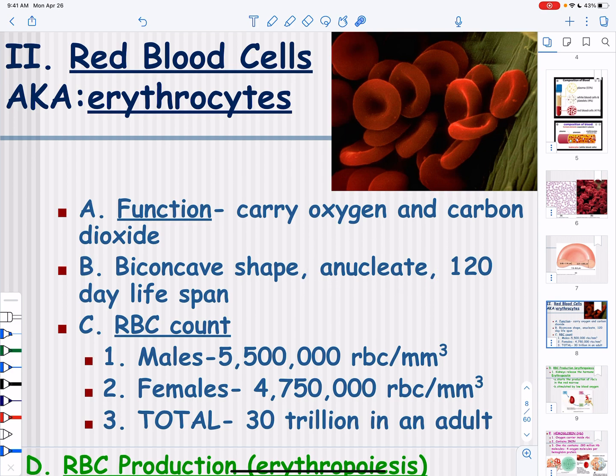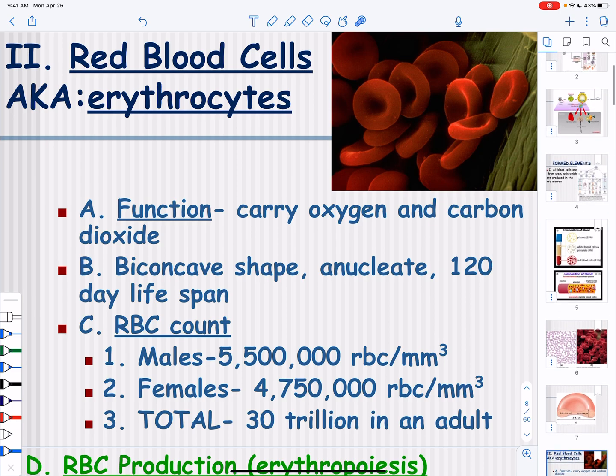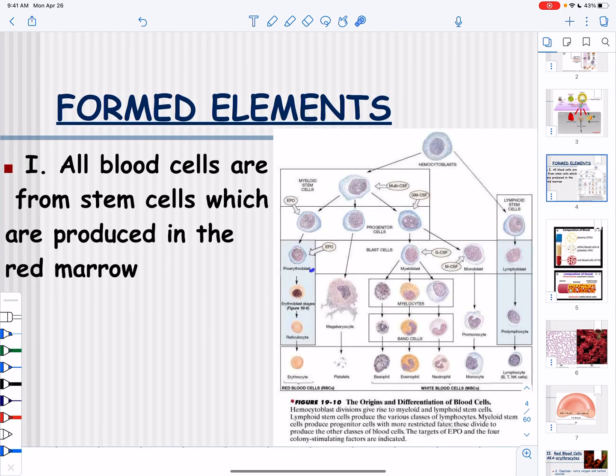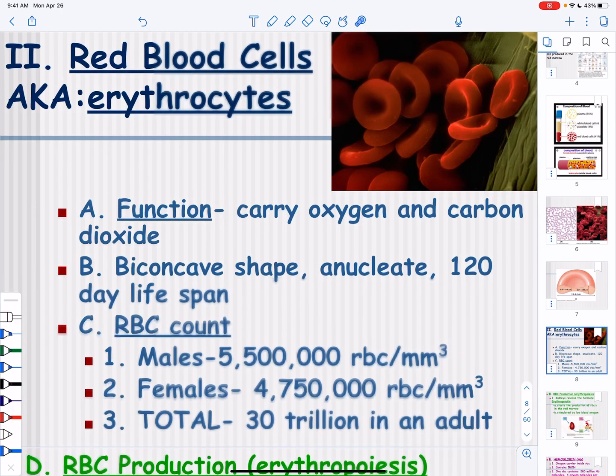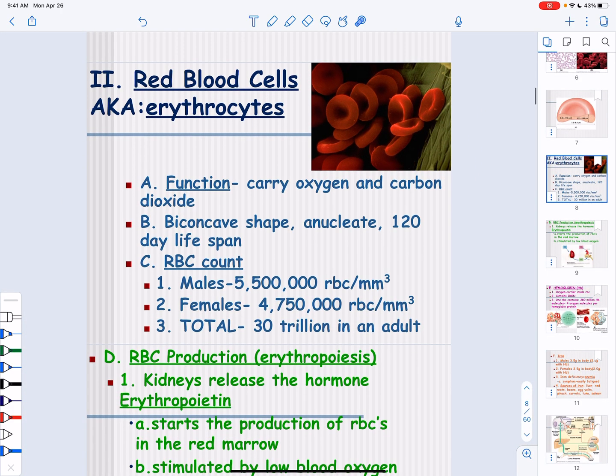The red blood cell, during its production, will have genetic information up to a certain point, and then that genetic information is kicked out, because the red blood cell's only job is to carry gases. And if it is carrying DNA, then that is something that it doesn't necessarily need to carry. So it gets rid of it. So anucleate, there's no nucleus in a red blood cell.